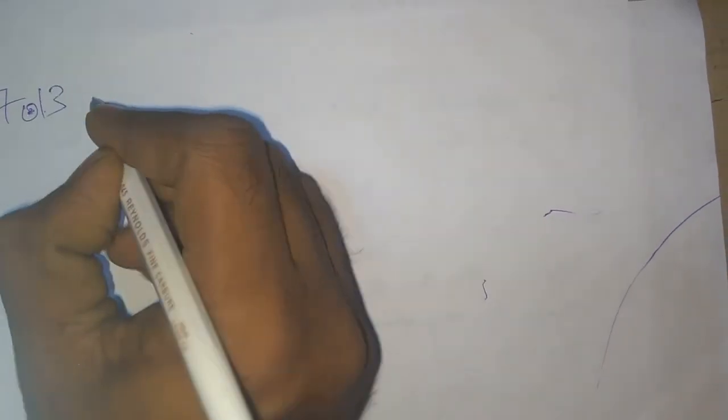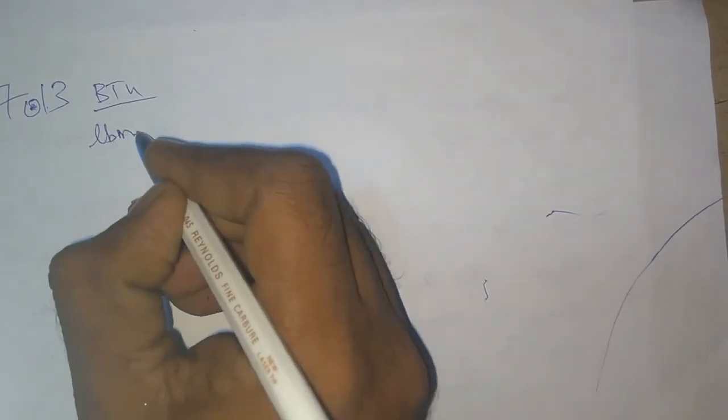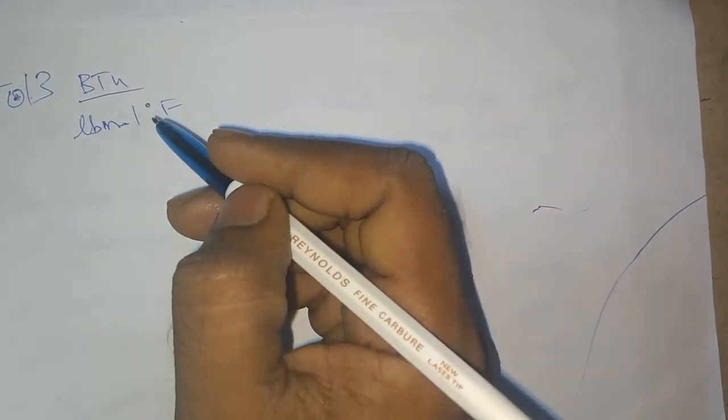So what we can write is, the unit of 7.13 is BTU per pound mole degree Fahrenheit.